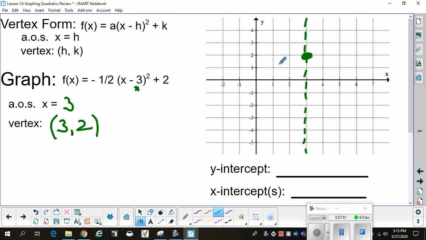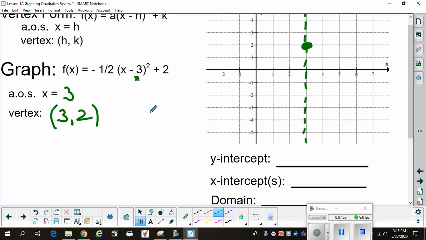Now, the other thing that we learned from before was this is a vertical compress of 1/2, and it's upside down. So where my pattern was 1, 1, 2, 4, I'm now multiplying my up-down by 1/2.